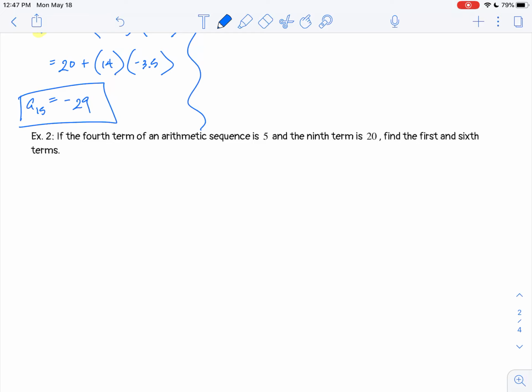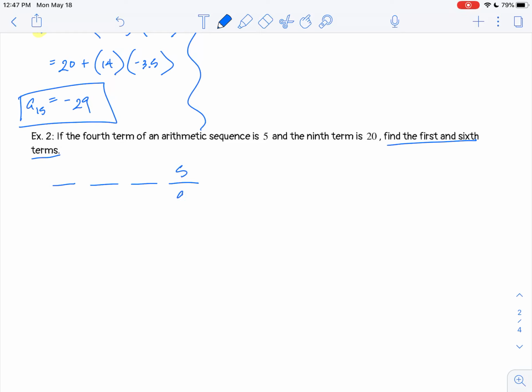Example number 2 says that if the 4th term of a sequence is 5 and the 9th term is 20, they want us to find the 1st and the 6th term. So I'm going to draw a little diagram to help myself get started. So I have the 1st term, the 2nd term, the 3rd term.